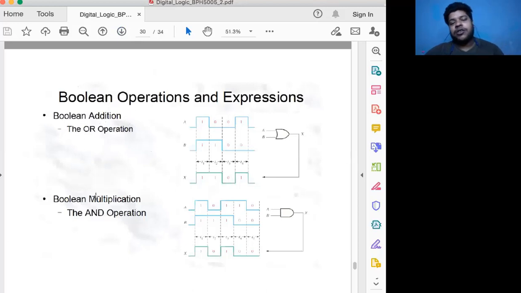We have already talked that AND is a multiplication, OR is an addition, but it is not a simple addition multiplication like we do. हम लोगों ने देखा कि एक और एक को मल्टीप्लाई कर रहे हैं, एक हो जा रहा है, और एक को जोड़ रहे हैं तभी भी एक हो जा रहा है. So this is not simple algebra. This is not conventional thing. We know. So this is Boolean algebra. That is why we need to go to Boolean algebra. We have to understand this logic, its fundamentals.